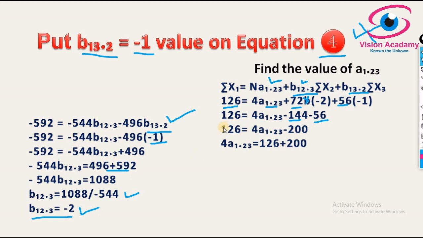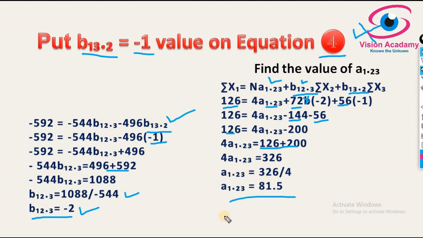Now 126, when I take 126 across the equals, the sign changes to minus, so minus into minus is plus. So 126 plus 200, which is 326. Now I can find the value of A1.23, that is 326 by 4. So finally the A value is 81.5.